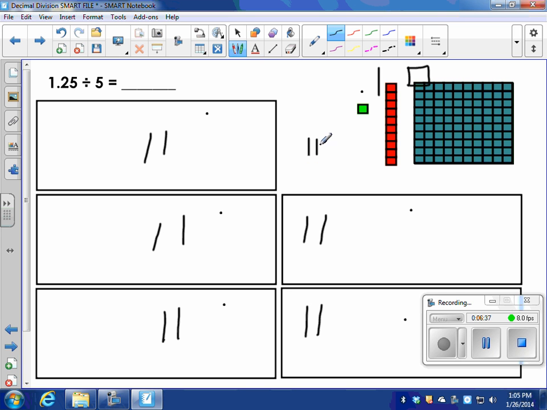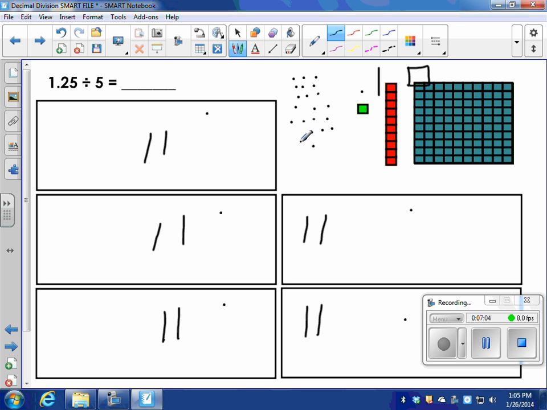So now I'm going to take these 2 tenths that I have left over, and I'm going to trade those for hundredths. So I'm going to erase those, and I'm going to trade them in for hundredths. So if I have 2 tenths, that means I have 20 hundredths. 1, 2, 3, 4, 5, 6, 7, 8, 9, 10, 11, 12, 13, 14, 15, 16, 17, 18, 19, 20.